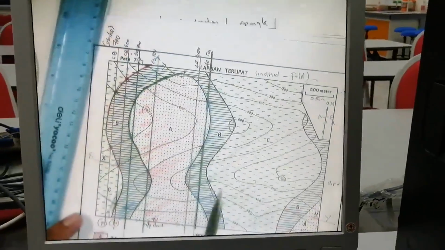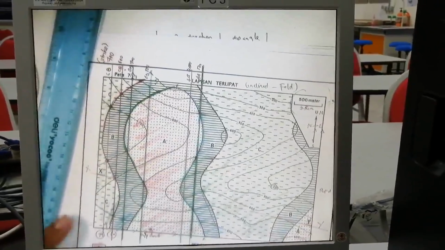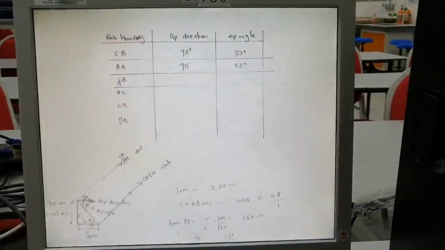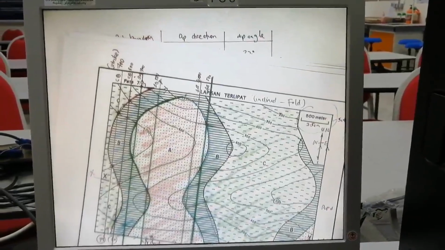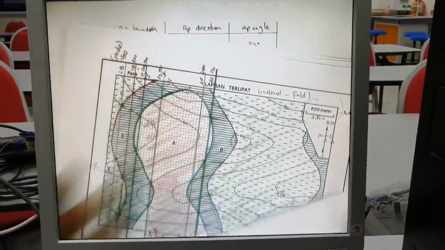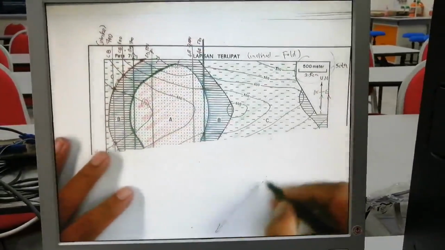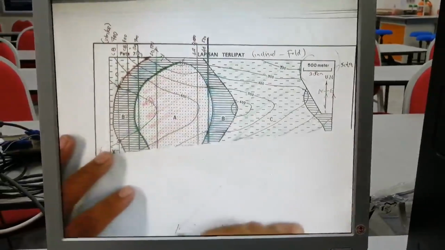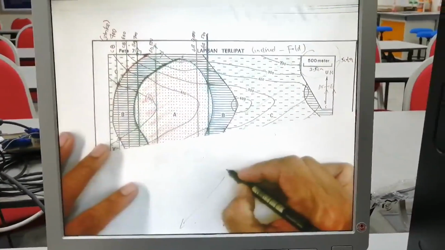We have this line is 400, 500. This line is 400. So now we have line. This one 500, this one is 400.